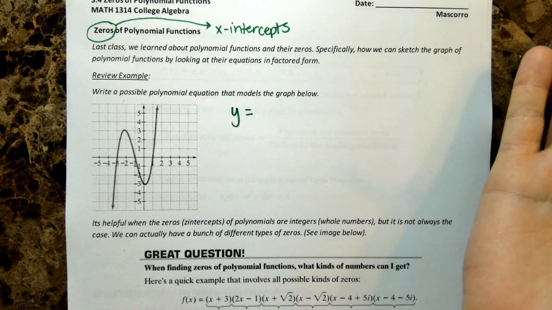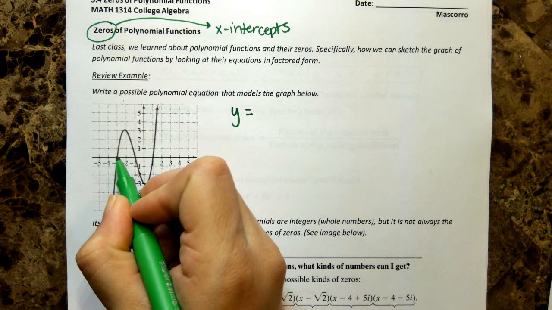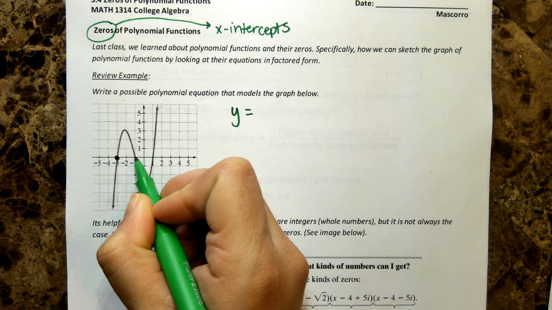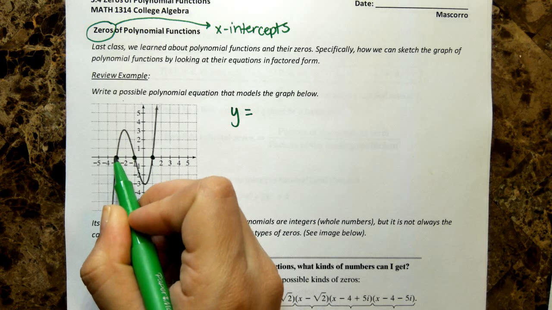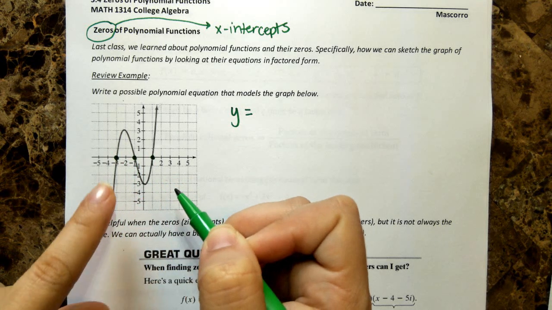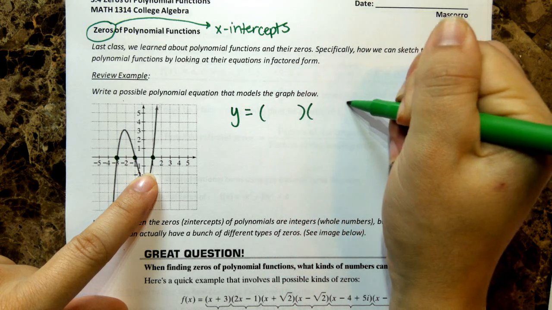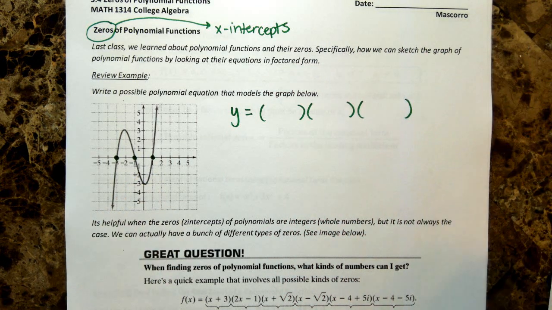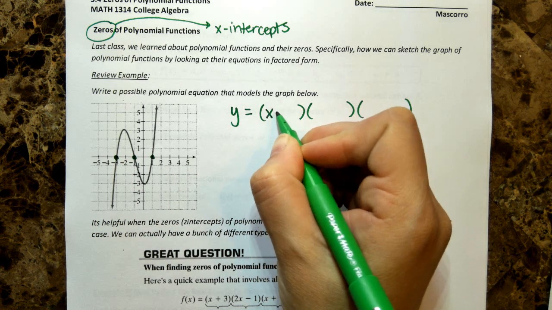Now the first thing that we do for dealing with polynomial functions is we locate the zeros or x-intercepts. There's a total of 3 of them, and I've already kind of labeled them for you. So since there's 3 x-intercepts, I'm going to create 3 sets of parentheses, and in each parenthesis, I'm going to put the template x minus.